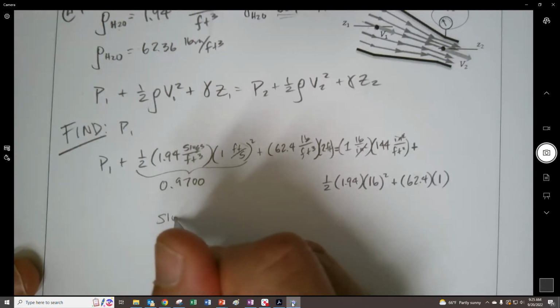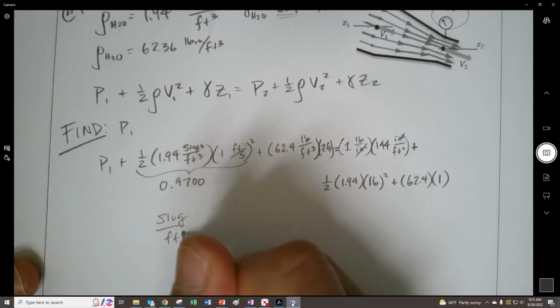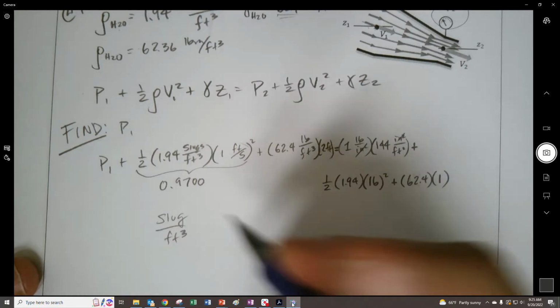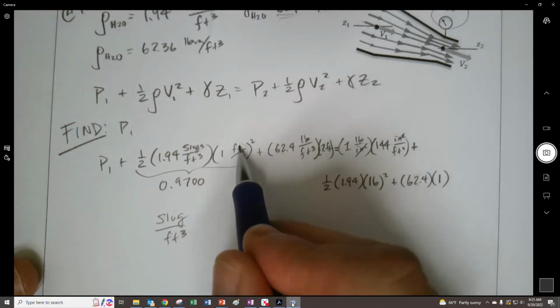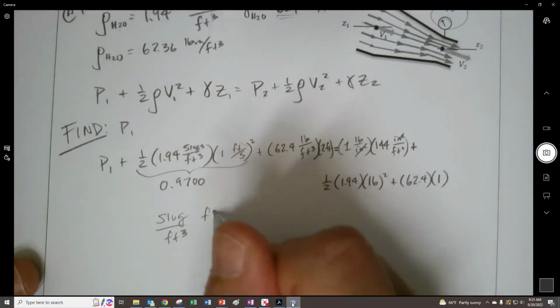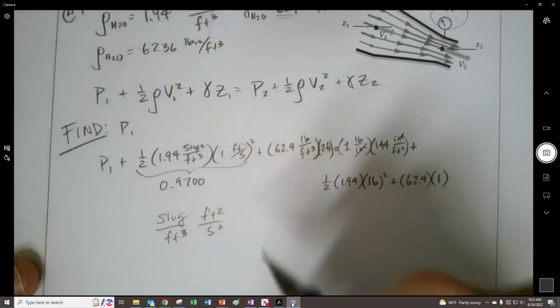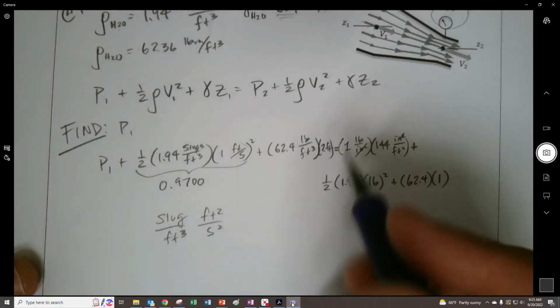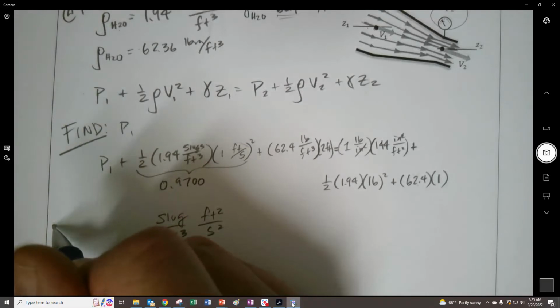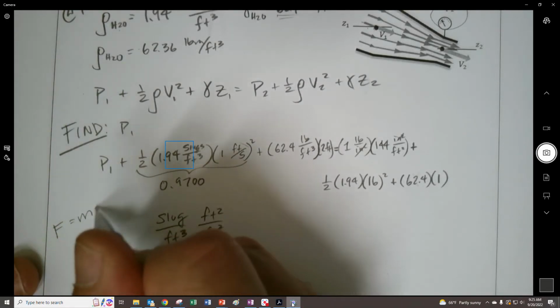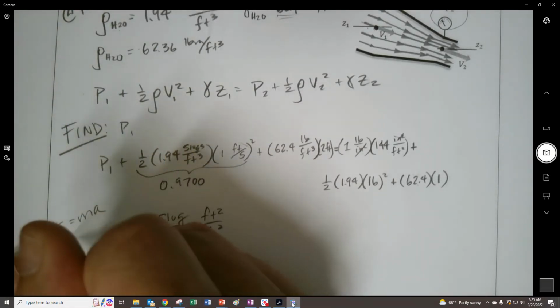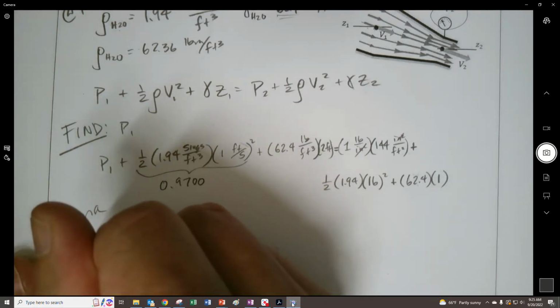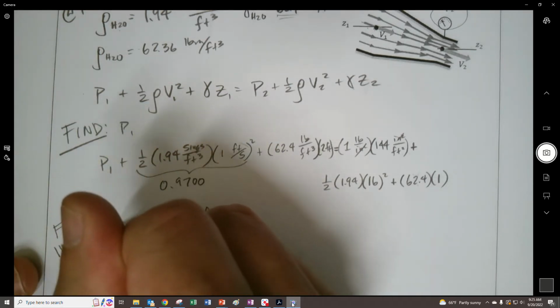We have a slug per foot cubed, and it's multiplied by a foot squared over second squared. One thing we want to look for when converting units here is F equals MA, so that we know that a pound is equal to a slug meter per second squared.